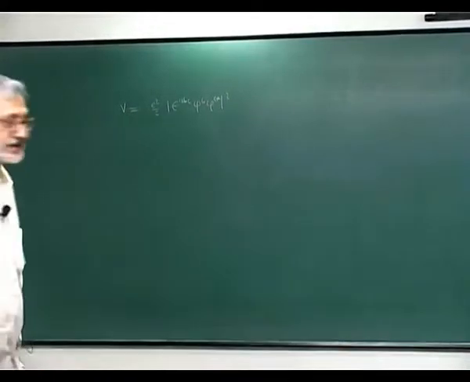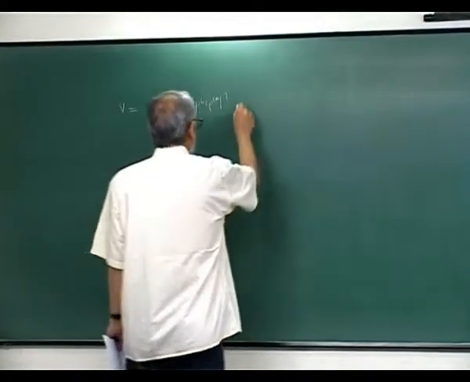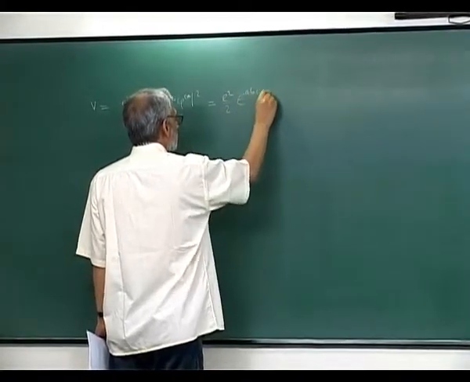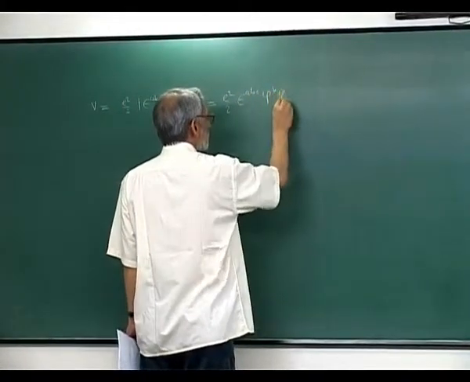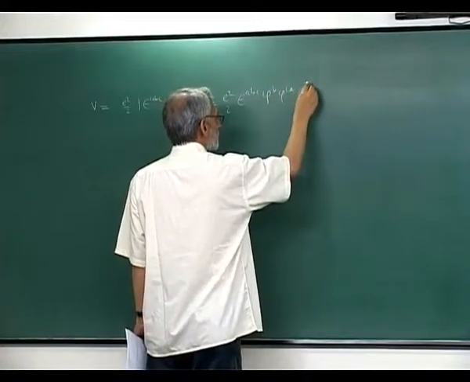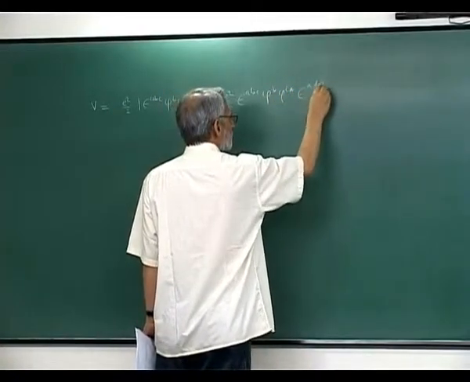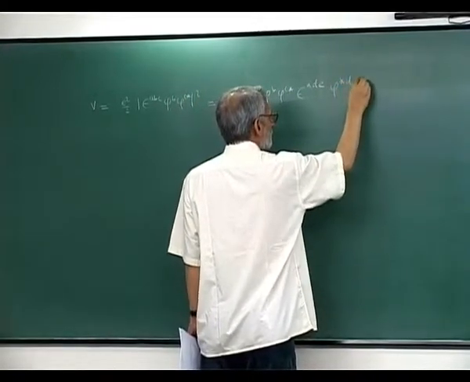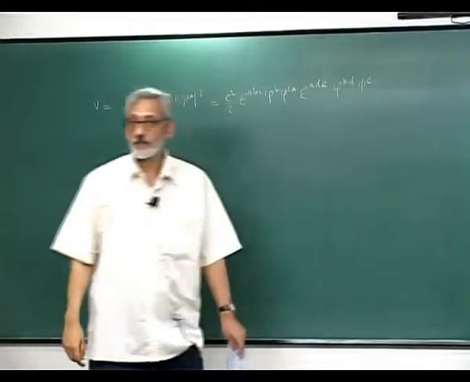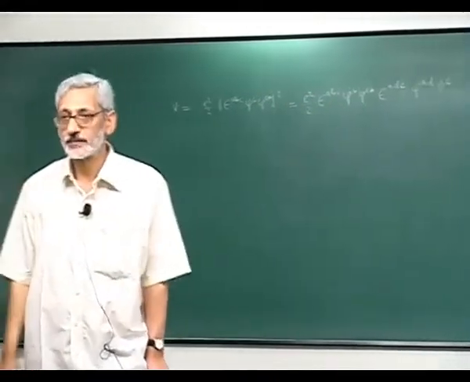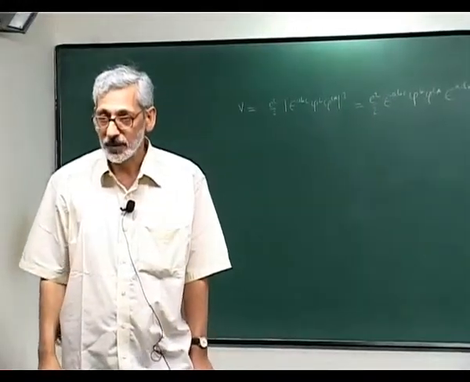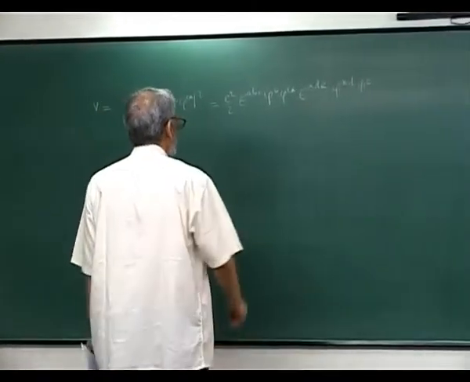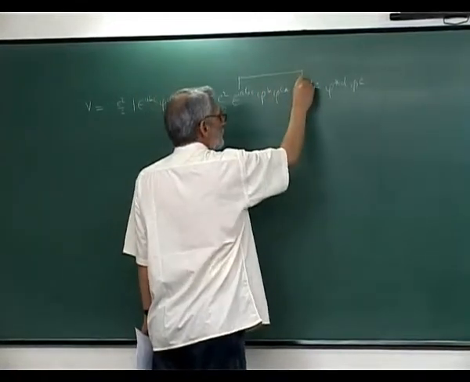This is what it was. Let's write it in longhand. Is that right? The star shifted to the first one because of conjugation. And then you know how to contract these two?